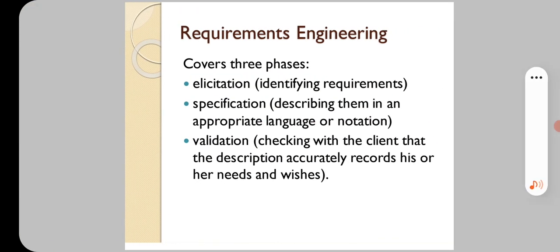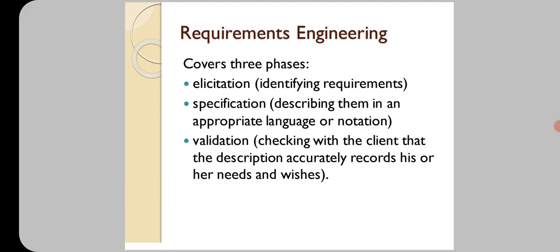Requirements engineering. So what do you mean by requirements engineering? Generally it covers three phases. First one is elicitation, then specification and validation. Elicitation means identifying requirements. The second one is specification, meaning describing them in an appropriate language or notation. Third one is validation.